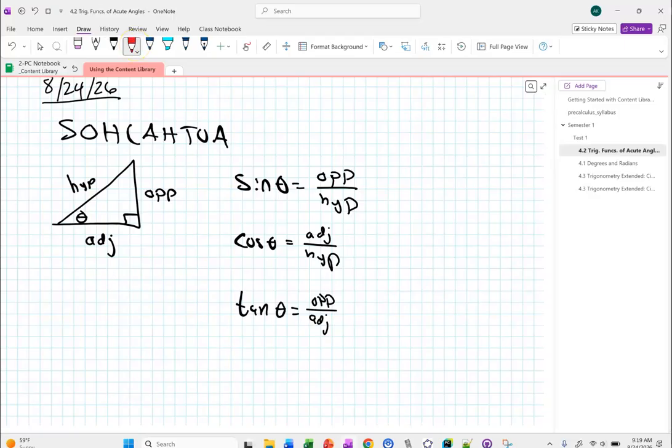So if you notice though, if I have a triangle with 3 labels on it, and I'm gonna make pairs, there's actually 6 ways to pair up those side lengths, right? Like why isn't hypotenuse over opposite something? Guess what? It is. So there are 3 other trig operations.